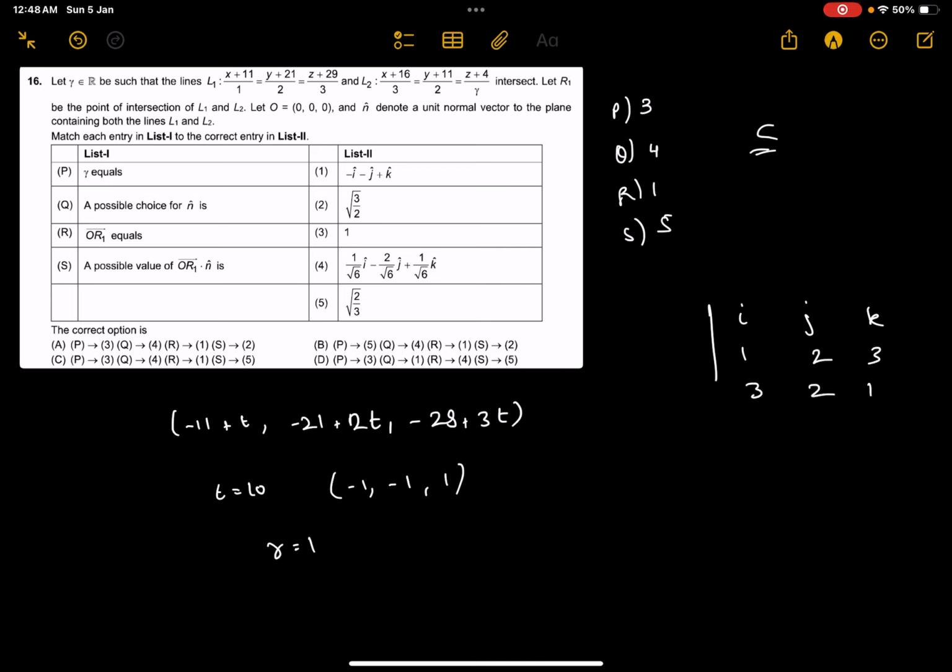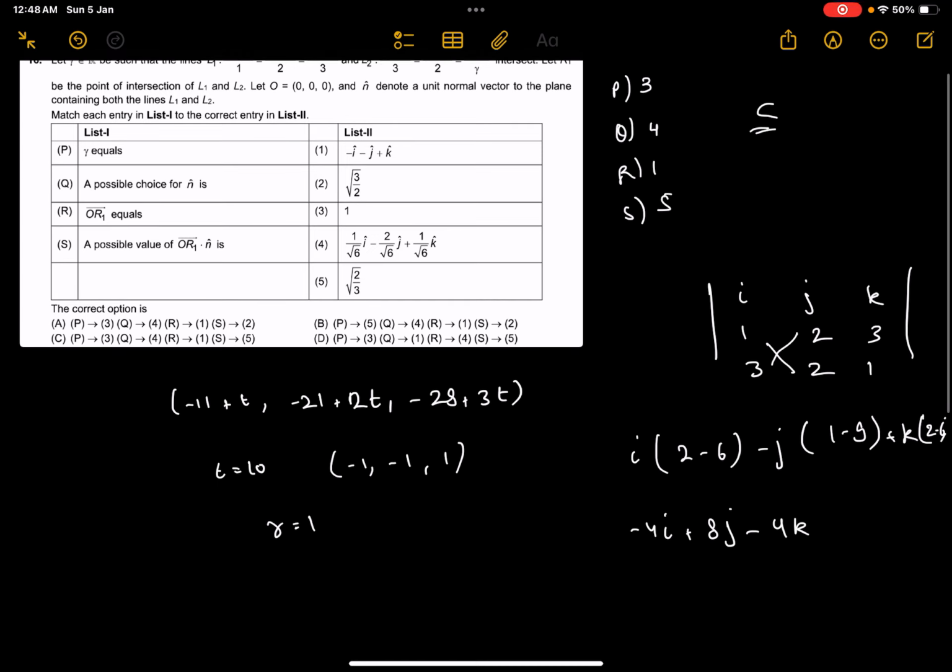This is i into this minus this into this. This is i times 2 minus 6, minus j times this into this minus this into this, 9 plus k times this into this minus this into this, 2 minus 6, which is minus 4i plus 8j minus 4k.